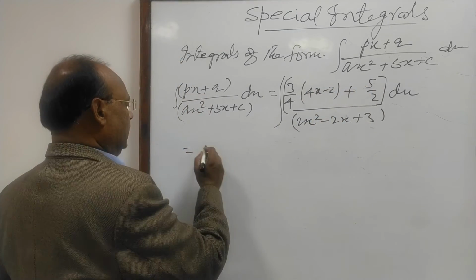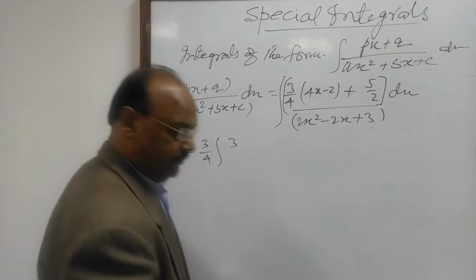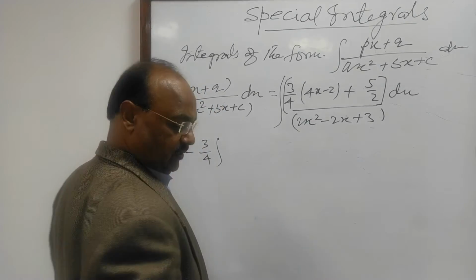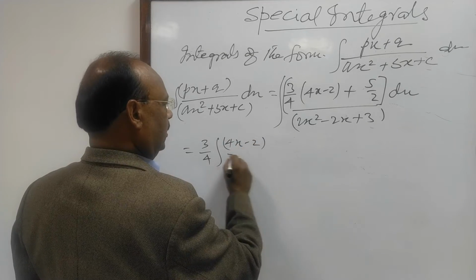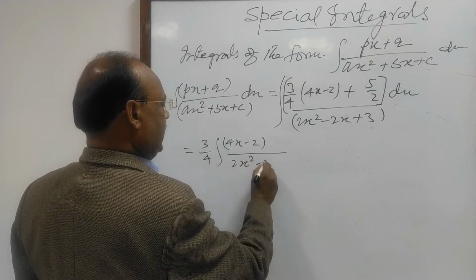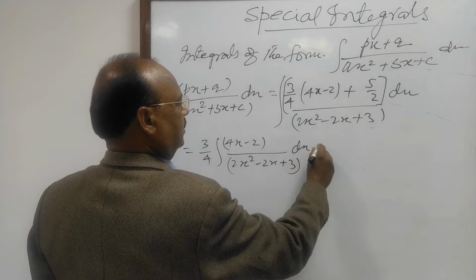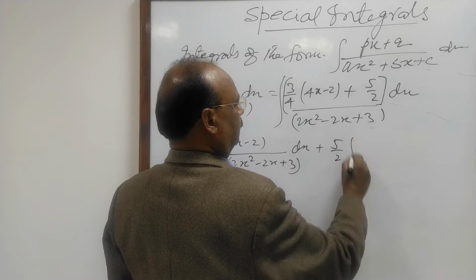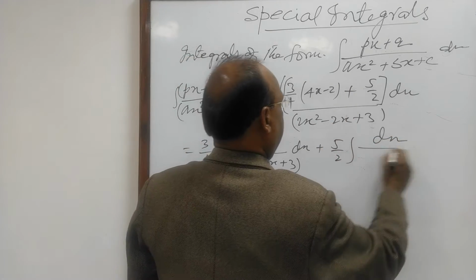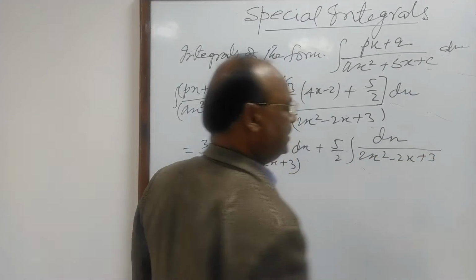The first one is 3 by 4 integral of 4x minus 2 upon 2x square minus 2x plus 3 dx, and another term is 5 by 2 integral of dx upon 2x square minus 2x plus 3.